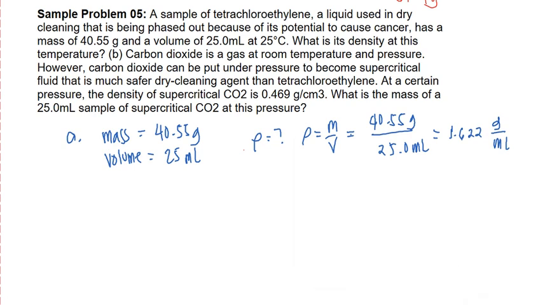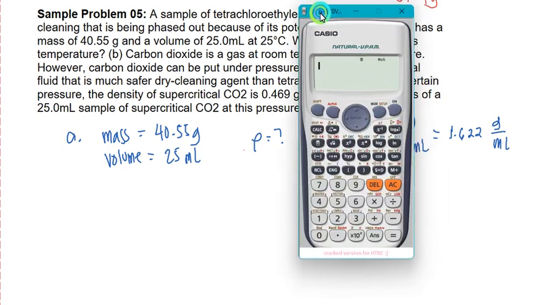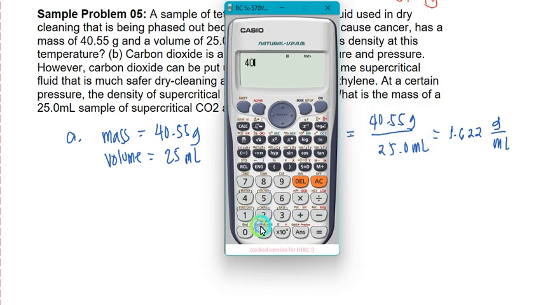Okay? Check ko danay be. So, we have 40.55 divided by 25, so this is equal to 1.622 gram per ml.